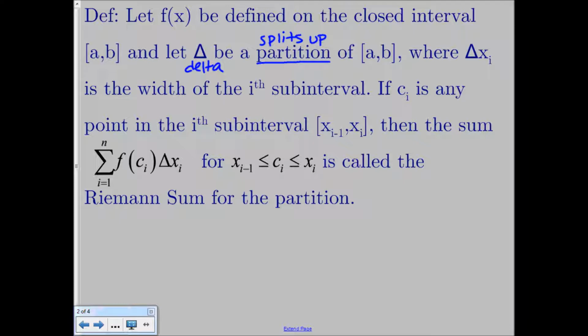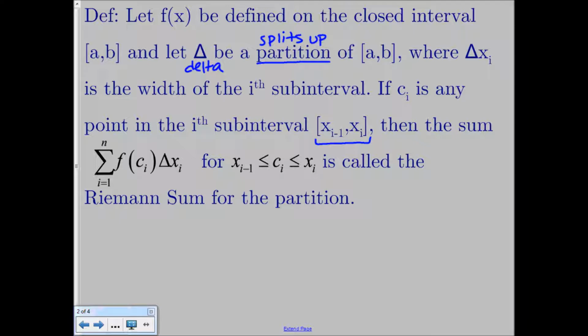So in other words, if you take c_i to be a point in any of the ith subintervals, so c_i is going to be in this interval right here, then the sum from i going from 1 to n of f of c_i times delta x_i for all of the c_i's in that interval is called the Riemann sum for the partition.